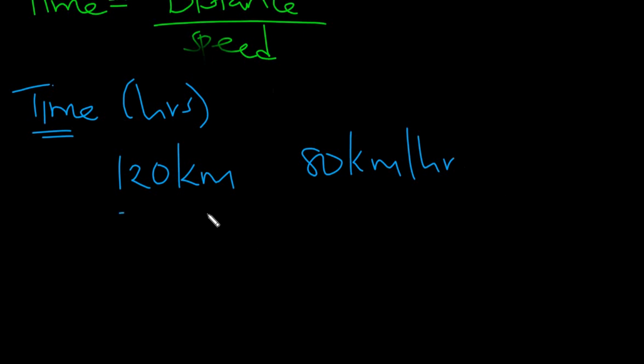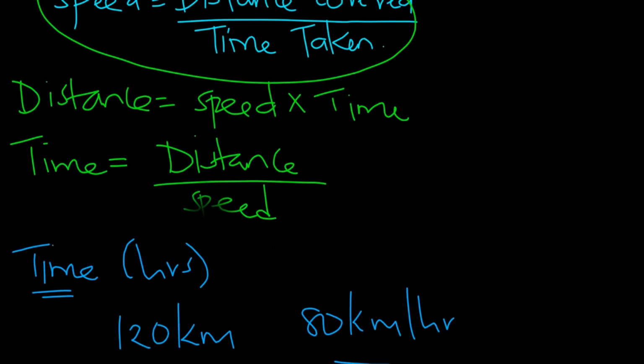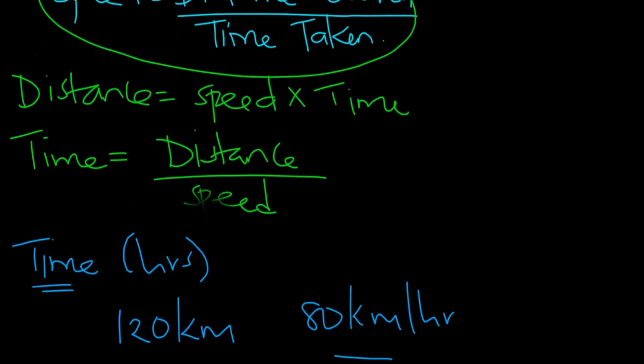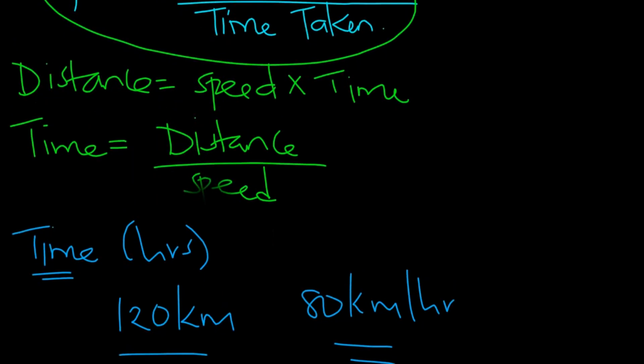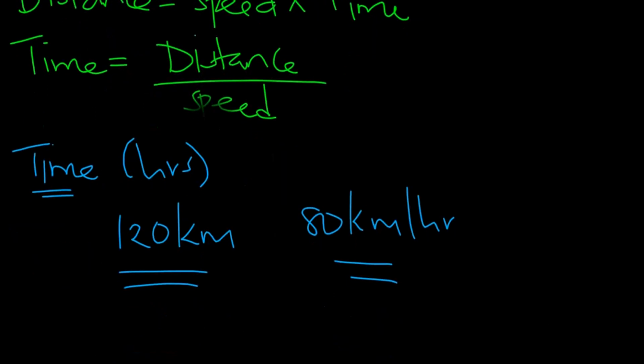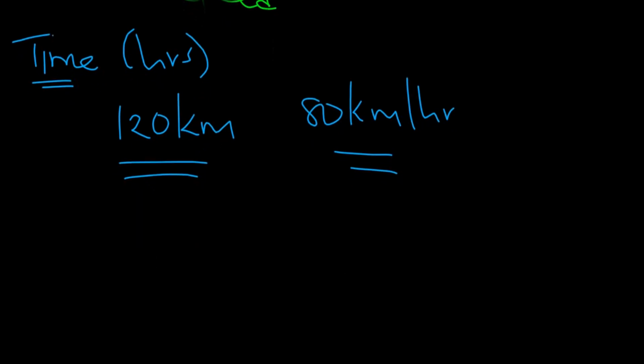So we now have the distance and we have the speed. So we're going to calculate the time, and from this relationship that we had earlier, we found out that to find time taken, we need to divide the distance covered by the speed. Okay, so the distance covered for this case is 120 kilometers, and then we're going to divide it by the speed, which is 80 kilometers per hour.